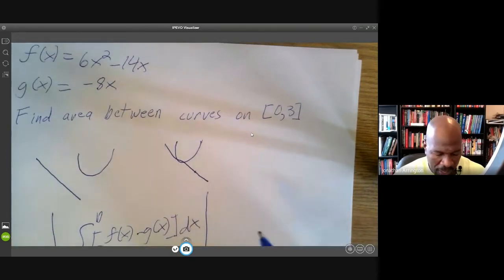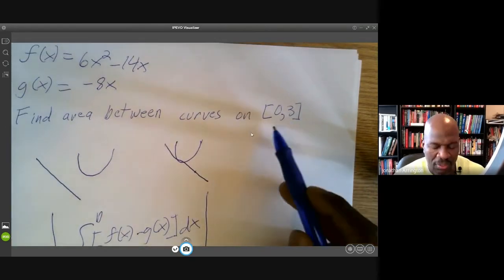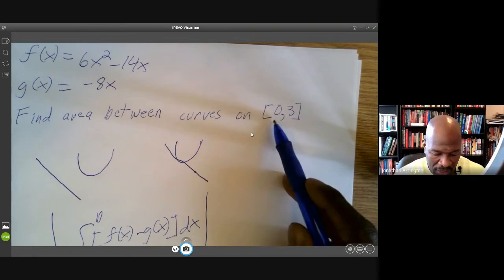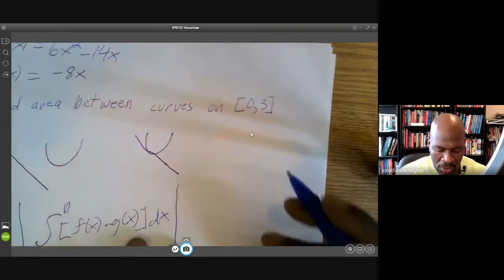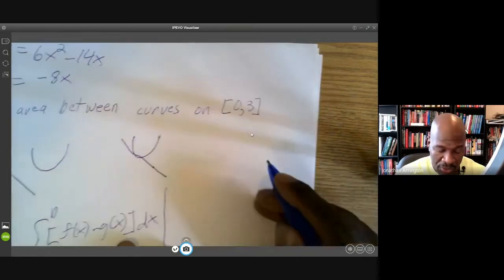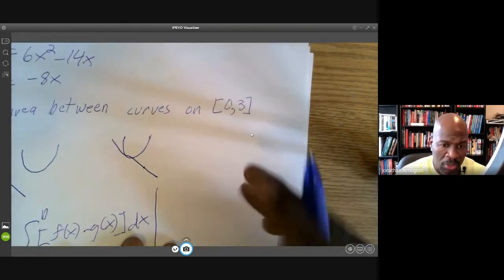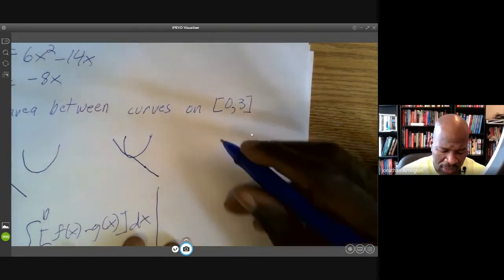Or rather, you should try to find if there are any points of intersection within this interval, because that changes things. And why is that? Let's just take the shape of these two curves, and we'll look at the actual graph of these curves in a second.